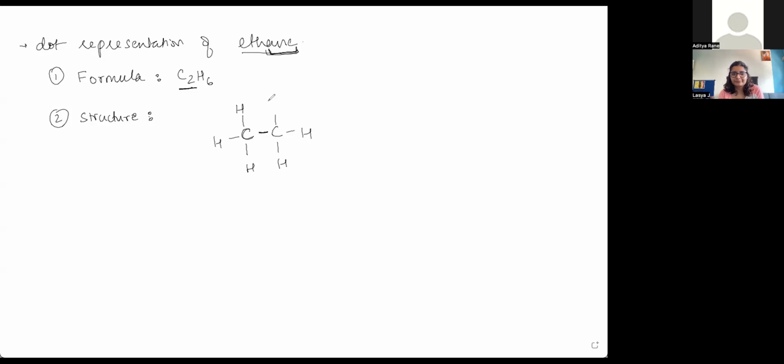Yes. Okay. So like this you can figure out the structure first, but the question asks for dot representation. Dot representation means every electron is represented by one dot, or a cross you can use for clarity. So in this, what does every single line mean?